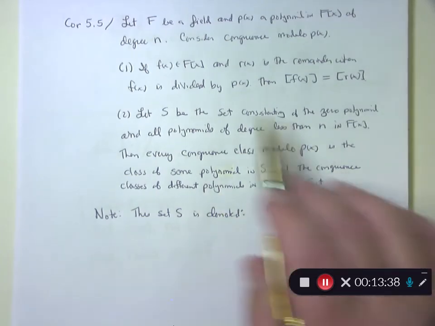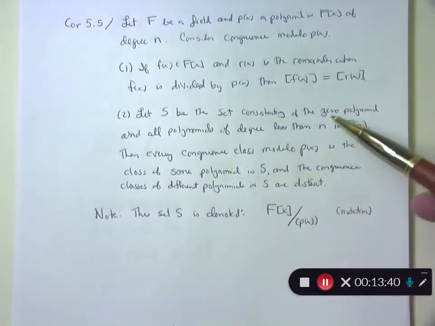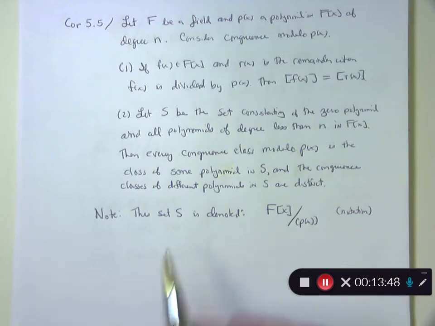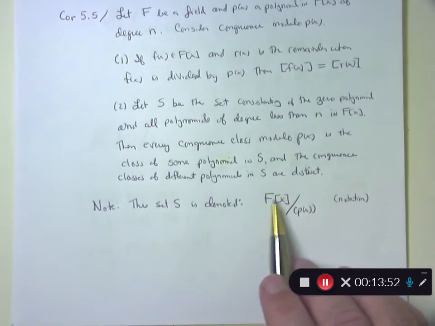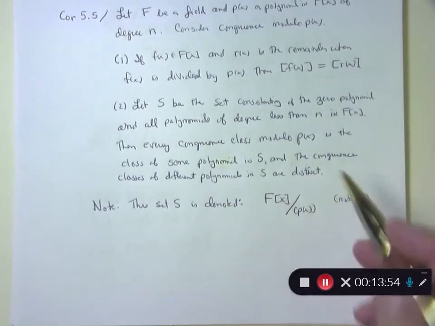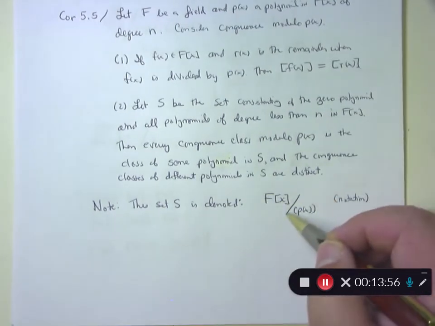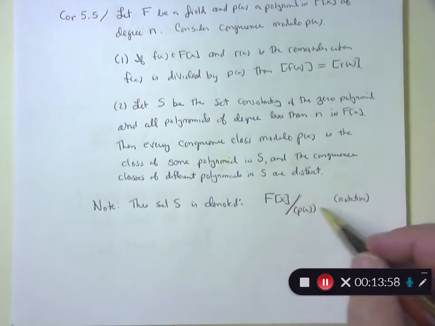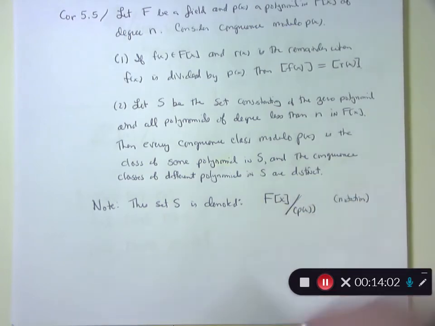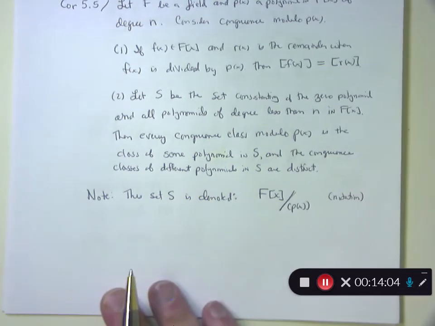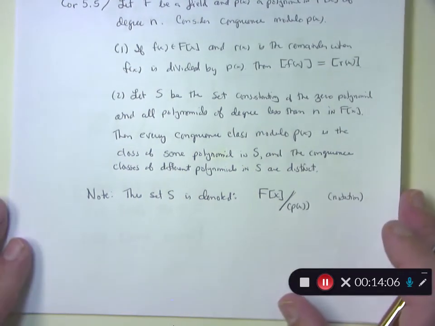Okay? So we're going to create this idea of congruence classes, and it's all the possibilities of remainders you can get when you divide by p of x. This set S is denoted by, and here's the notation for it, F adjoined x, that's your polynomial ring, then a little slash for mod, and then, remember that divide, a little parentheses around it, p of x. That's my notation for the new ring that we got. And yes, it's going to make a ring, these congruence classes.